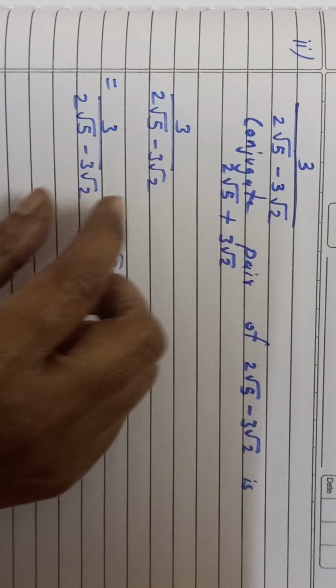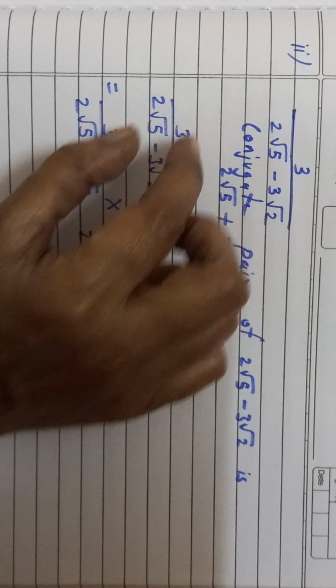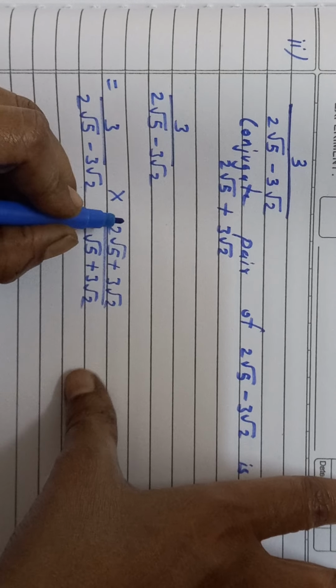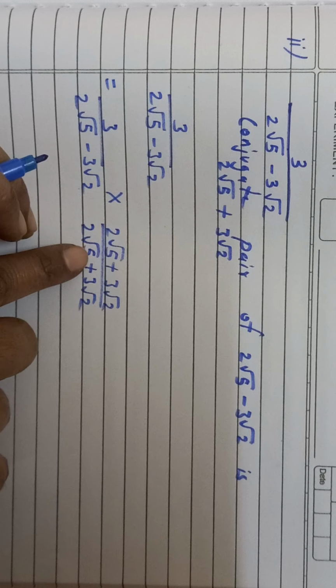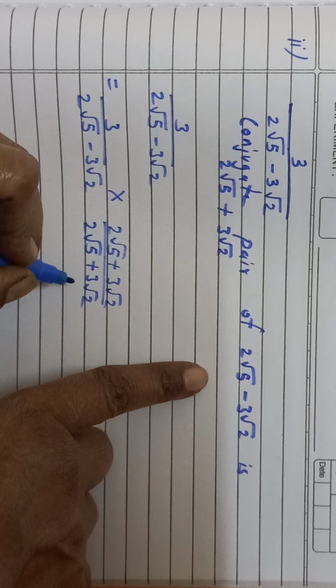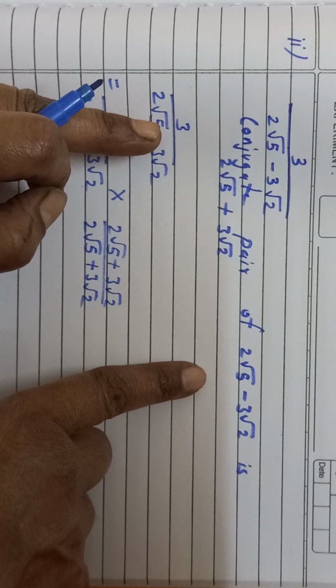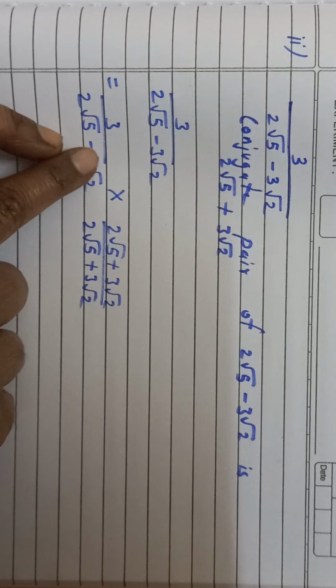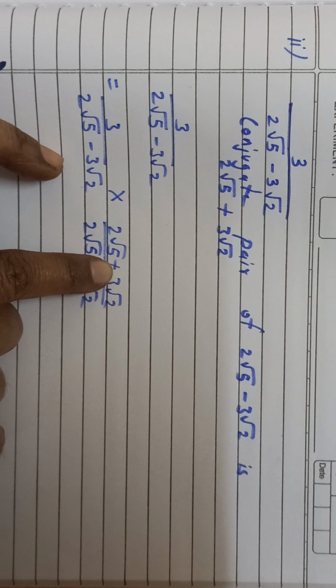So the original question remains the same. This is the basic fundamental concept: if I am going to multiply, I also have to divide, so we can cancel. The original value remains as it is. Whenever we are solving this type of example, if minus is given, the conjugate should have plus.